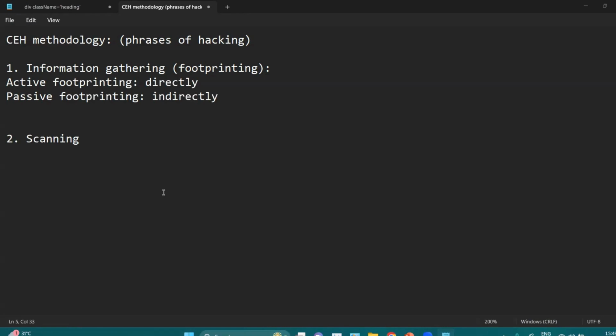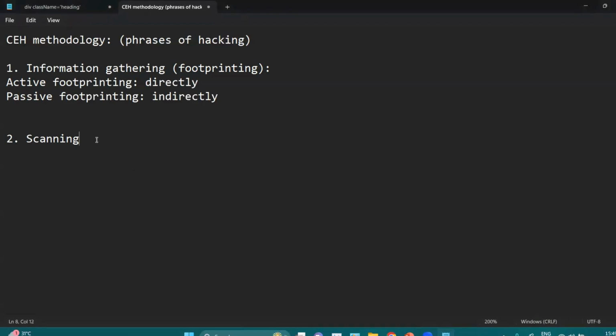You are collecting the information in an indirect way, by using third-party applications, third-party websites, or third-party services. That is known as passive footprinting.